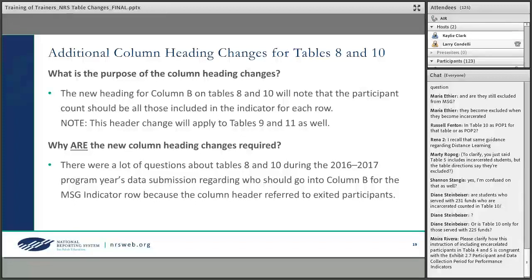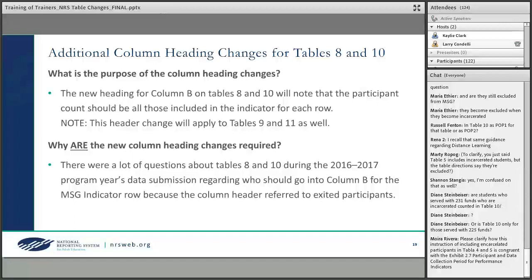Moira is also saying, please clarify how this instruction of including Tables 4 and 5 is congruent with Exhibit 2.7 data and data collection. I don't have that in front of me, Moira. If you would clarify that question, I can try to answer it. Anyway, for incarcerated participants, MSG applies to them, but not the post-exit indicators, unless in the unusual event they would be exited from prison at the same time their adult ed instruction ends.